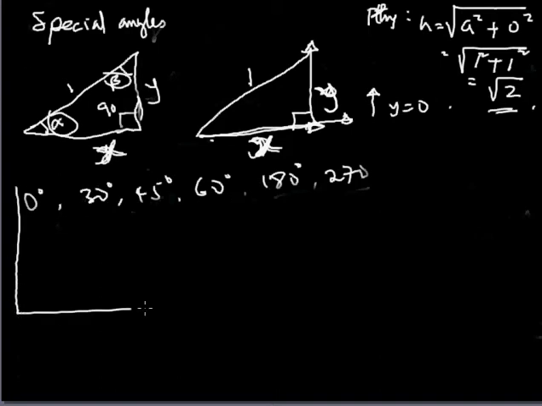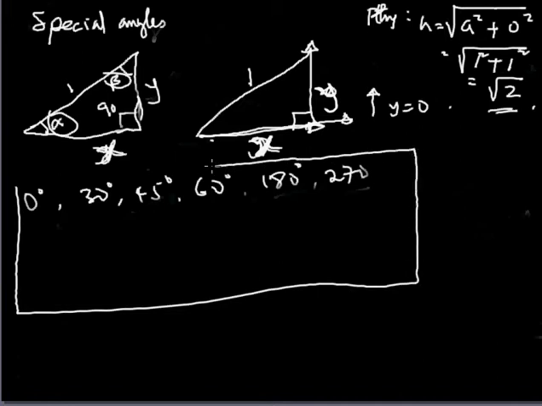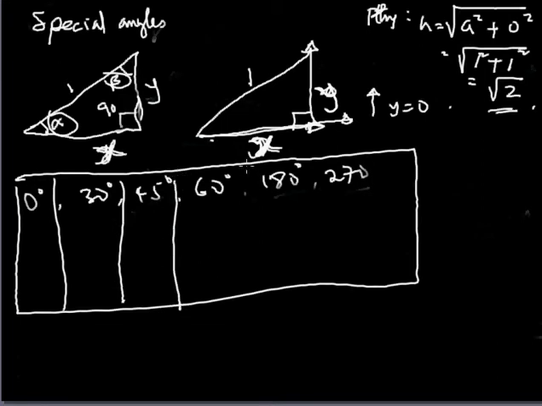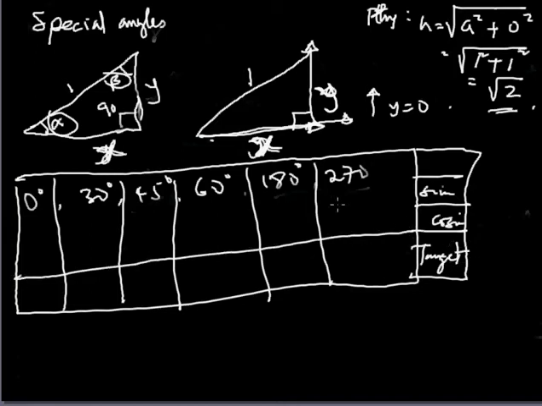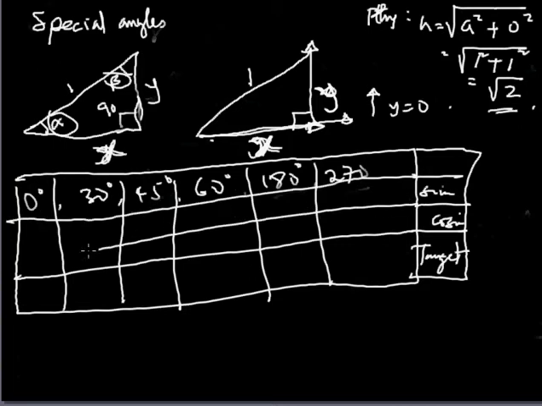So you have this in the table, and you have the ratios here: sine, cosine, and tangent. And you have this like this.